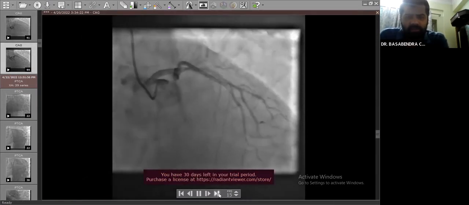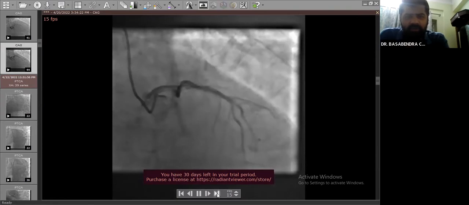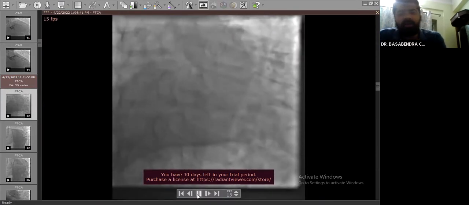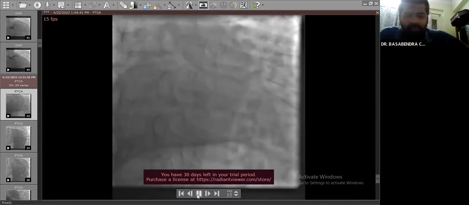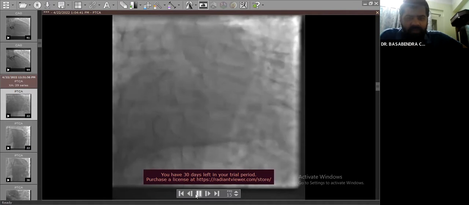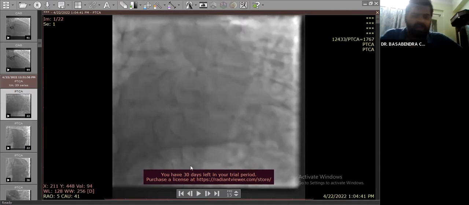However, this angle was not fruitful, so we decided to do the PCI to the RCA. But when we took out the catheter, we could see that the tip of the catheter was missing. The fluoro confirmed that the tip of the Tiger catheter was actually left behind. If you can see this thing.